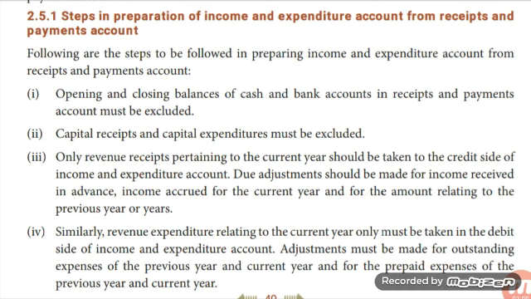Then make adjustments for accrued incomes, unpaid expenses, incomes received in advance and prepaid expenses. We prepare income and expenditure on accrual basis, so you should make adjustments for accrued income, outstanding expenses, income received in advance and prepaid expenses.